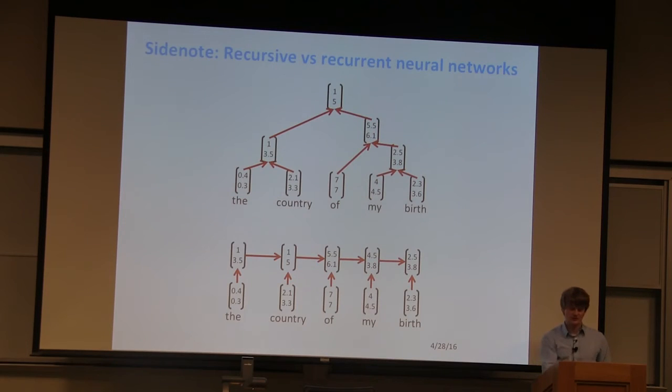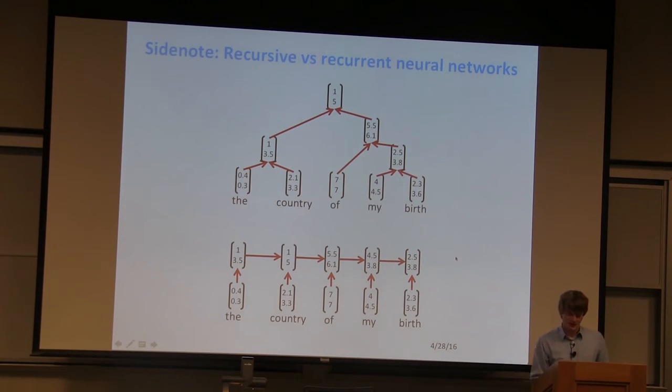We could, for instance, just say the country of my birth, and instead of finding the tree structure first, go from left to right, and maybe we'll end up with some vector too. Depending on the training data, maybe it will be able to capture everything that we want. Of course, the tricky bit here, as you'll see, is that this structure will not give you a vector for just my birth at any given moment in time. It will only give you this vector here, which captures the country of my birth, but not my birth by itself.